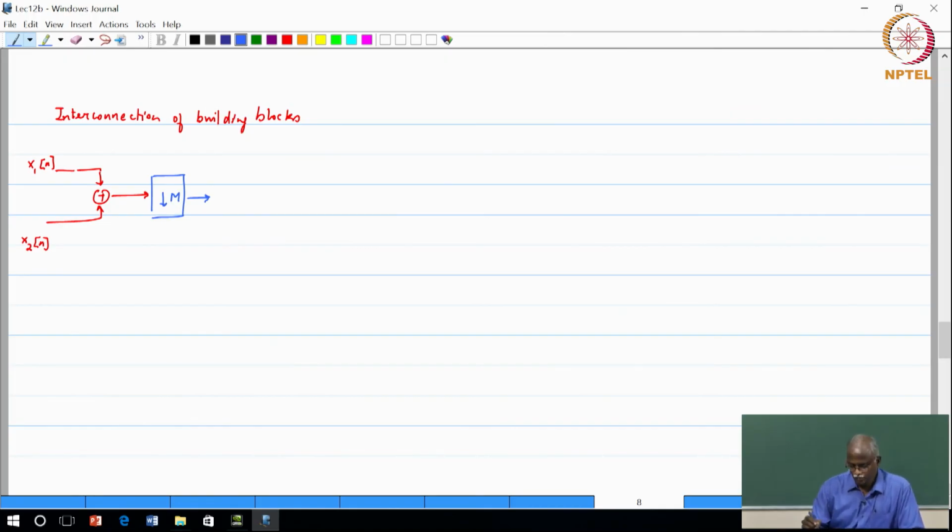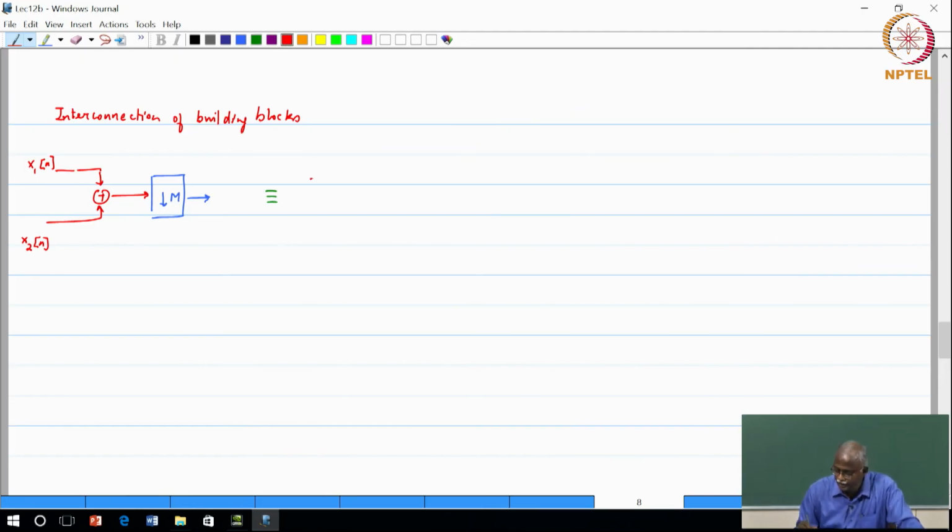Now, this is identical to downsampling x1 of n and x2 of n and then adding them. In other words, addition is a linear operation, and downsampling and upsampling are linear operations. So, I can move things around, and sometimes it is advantageous for us to do the following.